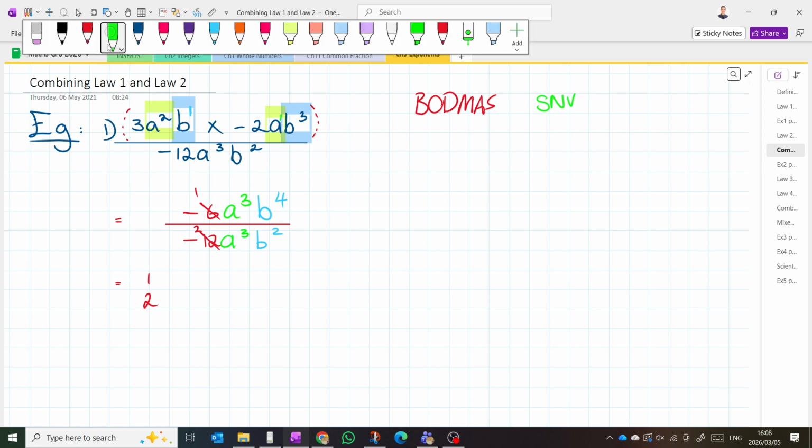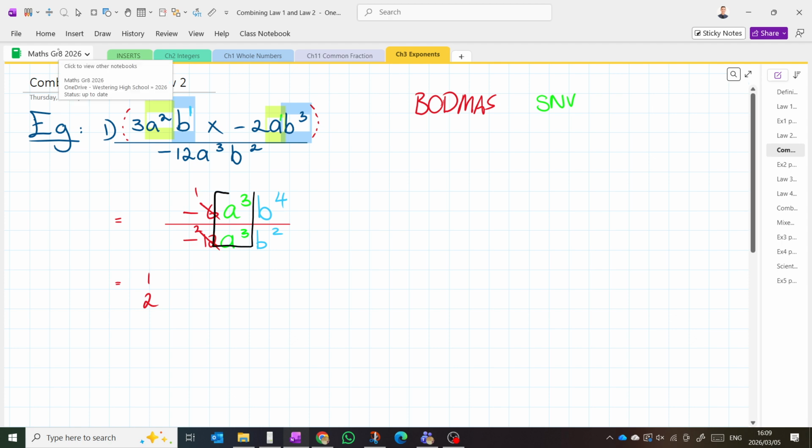Okay, moving on. We've got a to the power 3 divided by a to the power 3. Now, later on, we are going to say that it simply cancels out. Now, I did, in the previous lesson, quickly explain to you what happens here, but let's just make a block around this and have a closer look at what is actually happening.